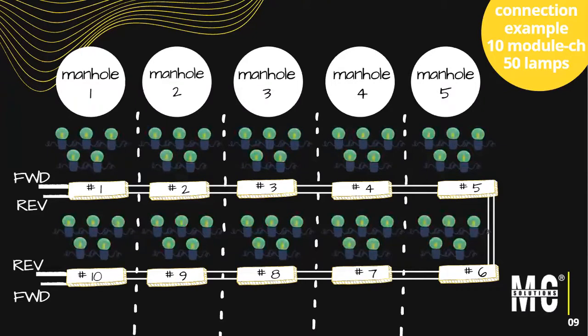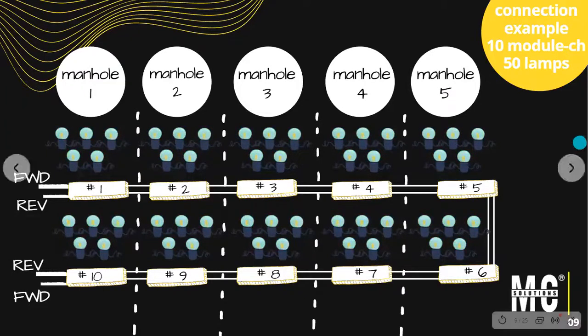In this way, as you can see on this layout, we control 5 lamps. This is just an example of a 10-module channel. And the first module and the last one are installed in the same manhole.